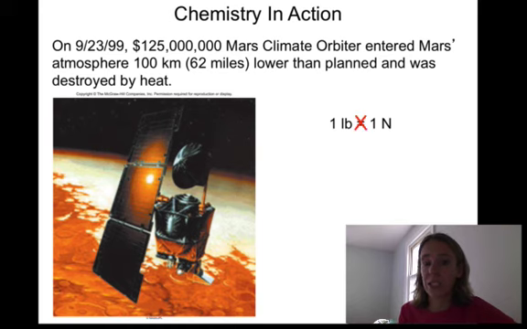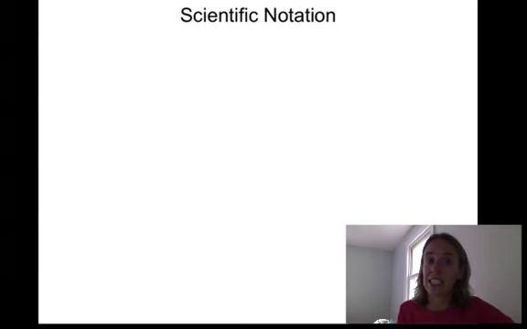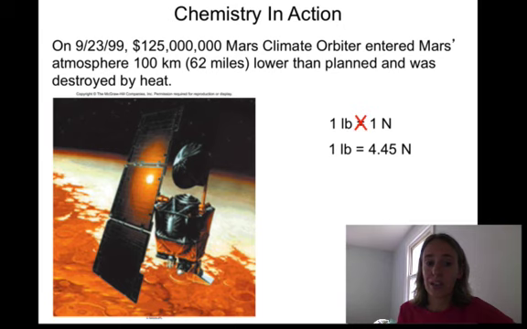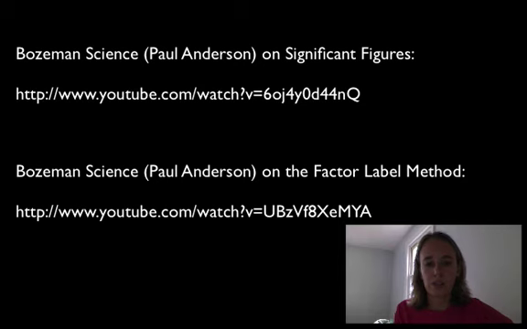So pound is the English imperial unit. A newton is also a measurement of weight, but 1 pound does not equal 1 newton. 1 pound equals 4.45 newtons. So this error affected the orbiter's trajectory and the inputs into its flight patterns, and it ended up being destroyed. So that's it for now.